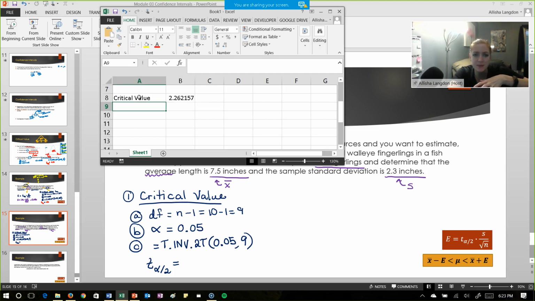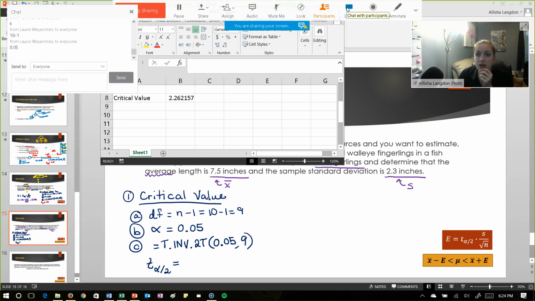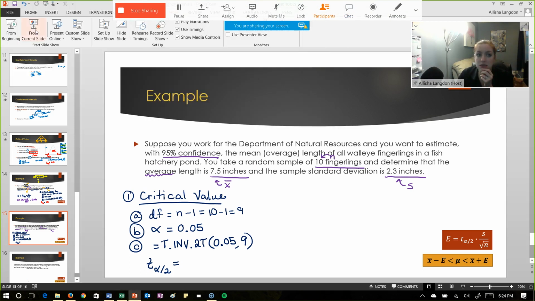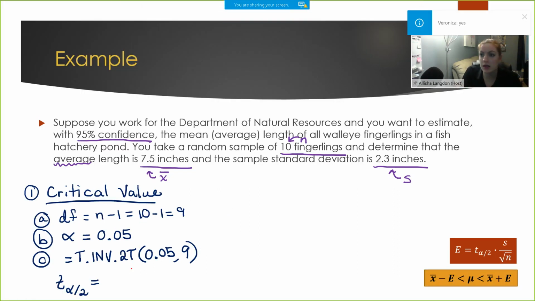Hit enter, and we do get 2.26. So that's our T of alpha over 2, 2.26. Is that what everybody came up with when they calculated that? Yes? Okay. Wonderful.